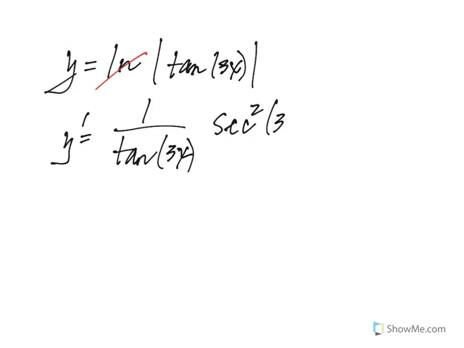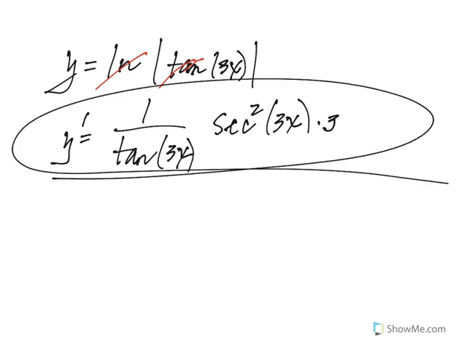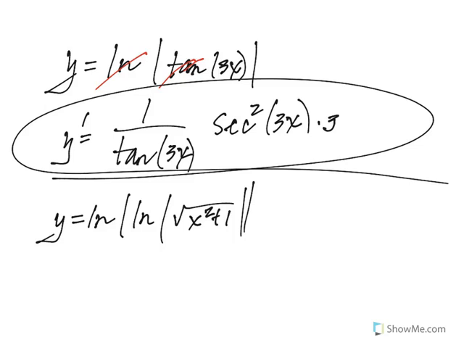So the tangent goes to the secant squared of that thing. Again, I'll keep track of what I've derived here. So the tangent's now done. And now I go to the innermost function, and I multiply that all by 3. And for the majority of these, I'm just going to have you set these up. So that's it right there.